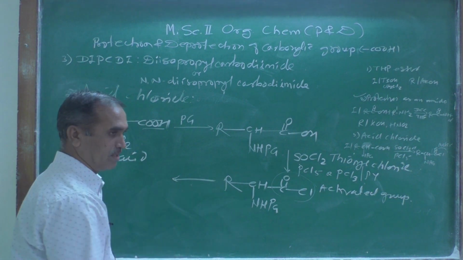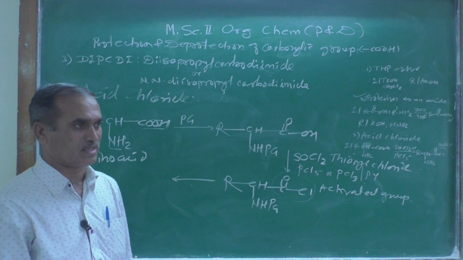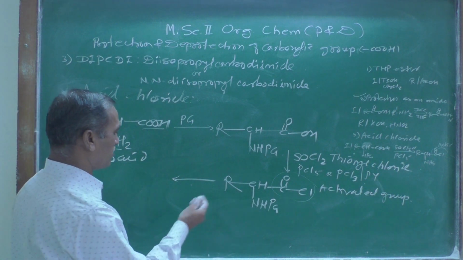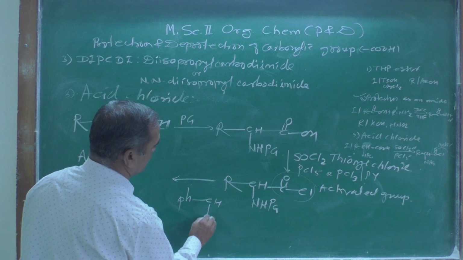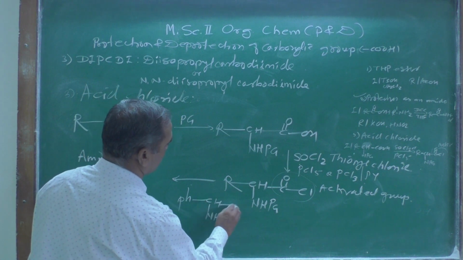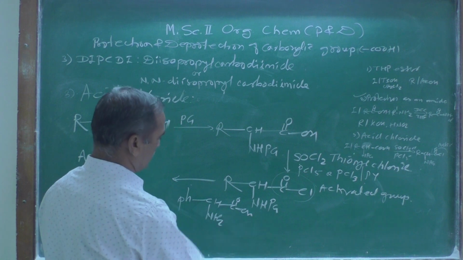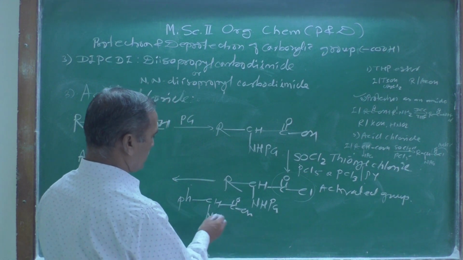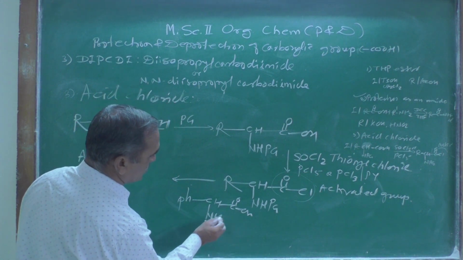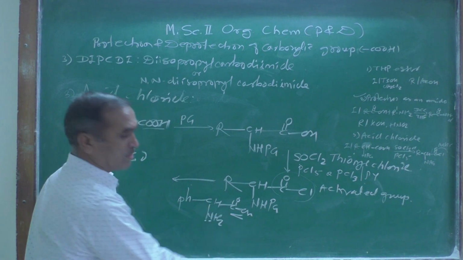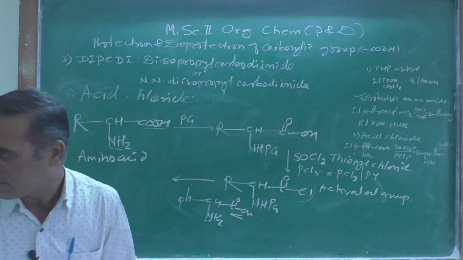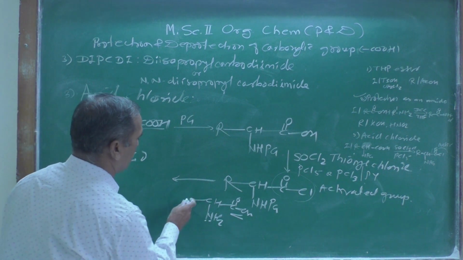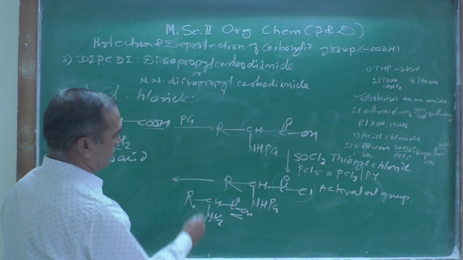Further, if you treat it with another amine for peptide synthesis, let us take alanine, a structure you might know: R, then CH, NH2, and C double bond OH. This NH2 group is more reactive than the carboxylic group, so in short you write R dash.